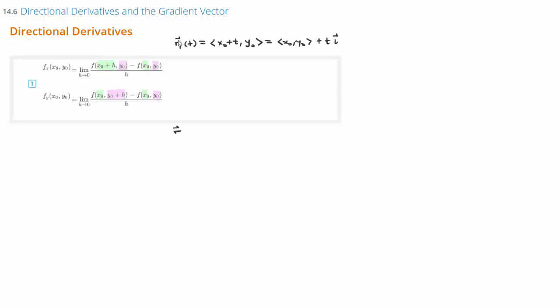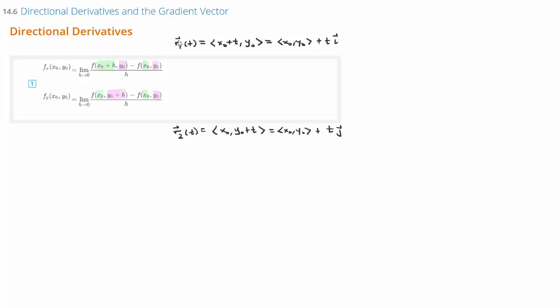For the y-axis, we can have something like r2(t) equal to (x0, y0 + t), which looks like the position vector for our point, (x0, y0), plus tj, where j is the unit vector pointing in the direction of the positive y-axis.